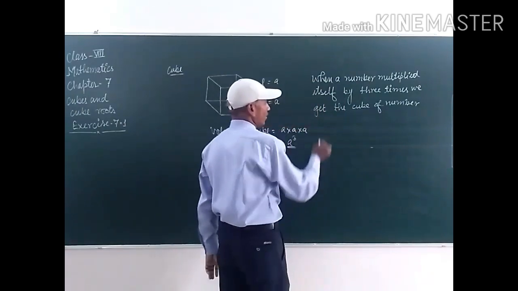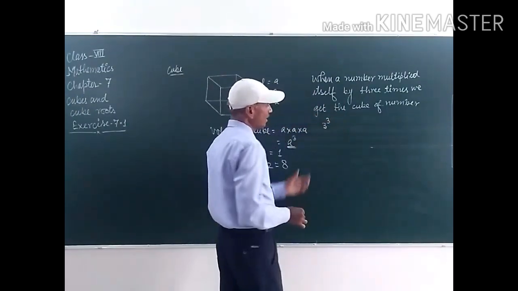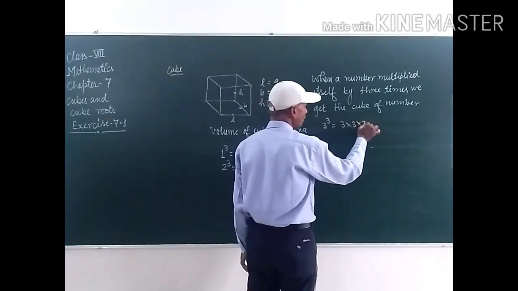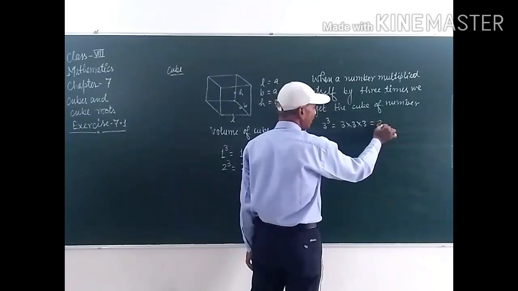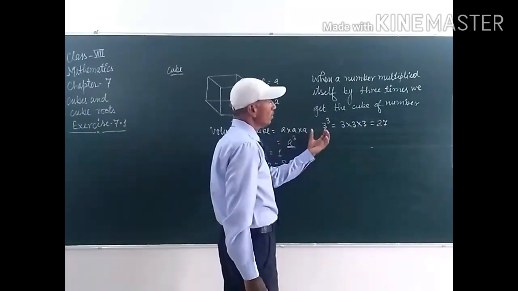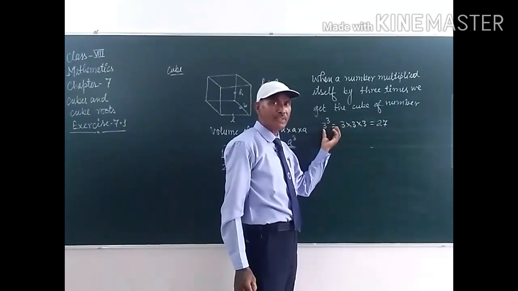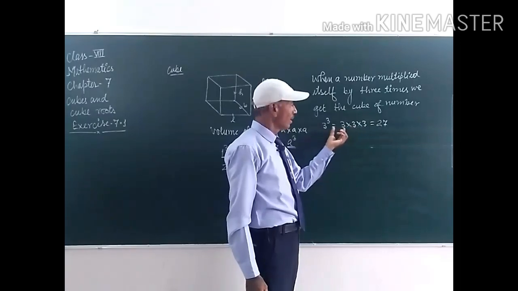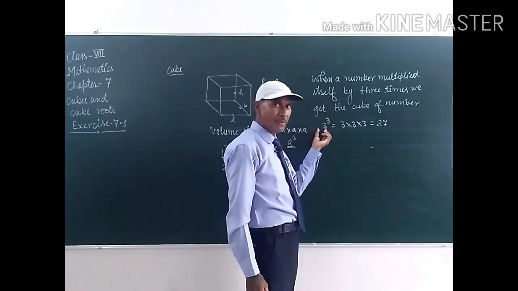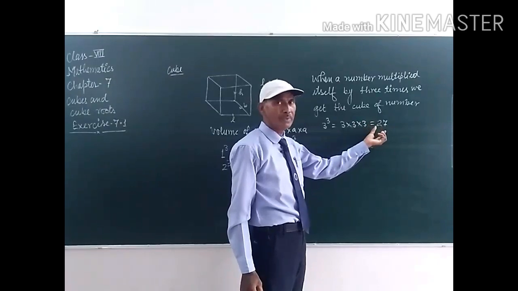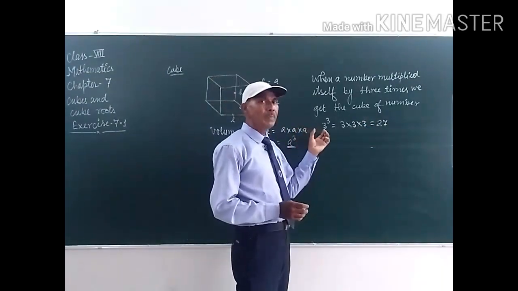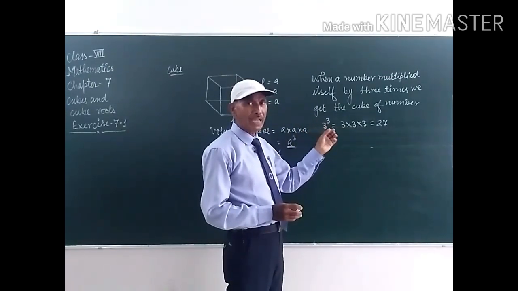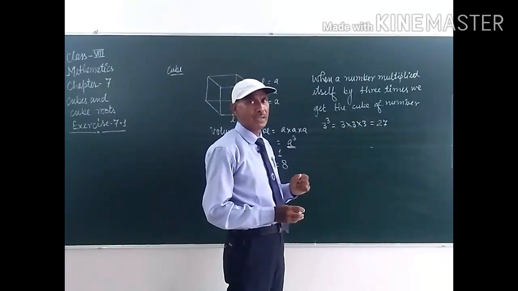Clear, student? So let's take 3 cube. It means 3 raised to the power 3, means 3 into 3 into 3. 3 threes are 9, 3 nines are 27. Clear, student? So 27 is the cube of 3. When we multiply a number by itself 3 times, then we get the cube of the number. So a cube is a number which we find after multiplying the number by itself 3 times.